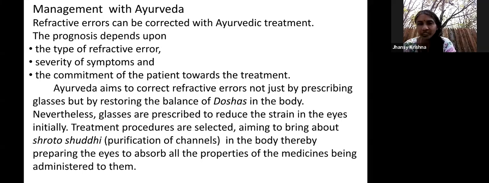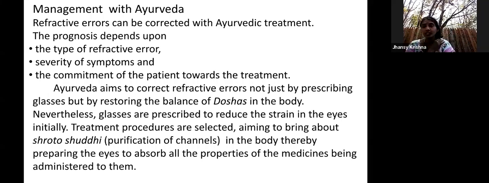If more severe, they are difficult to cure. If there is less refractive power, it can be cured with Shodhana therapies and Kriya Kalpas. It also depends upon the commitment of the patient towards the treatment.